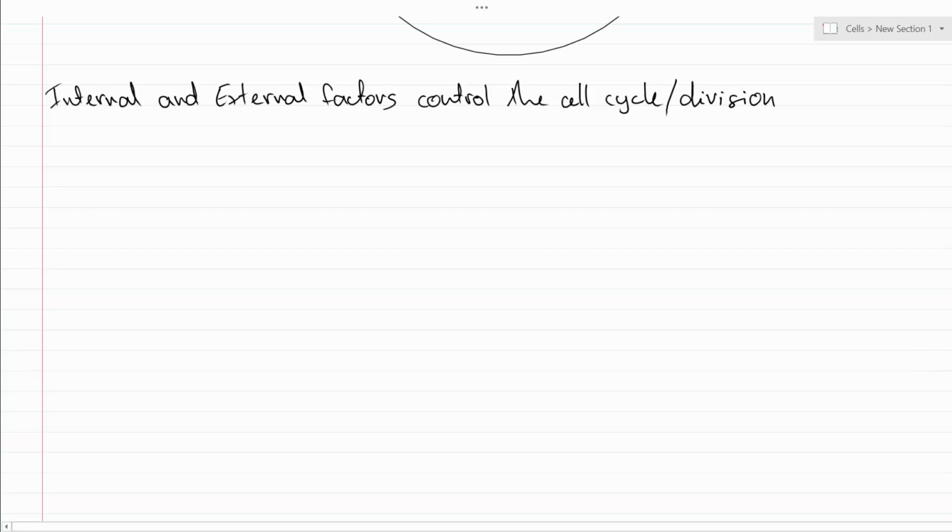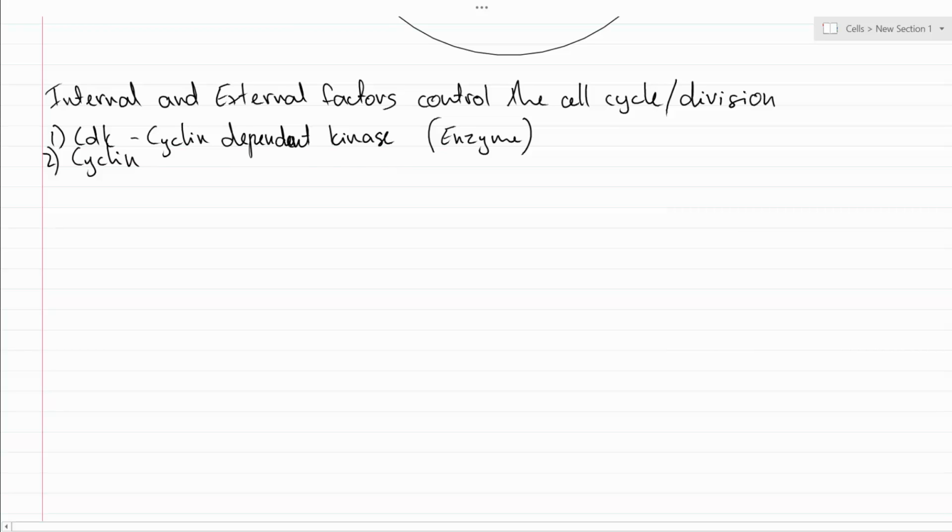Now internally, there are two main things which are going to control this movement through the cell cycle and where cell division can take place. Firstly, we have something called CDK, or cyclin dependent kinase, which is a type of enzyme. And we have something called cyclin.